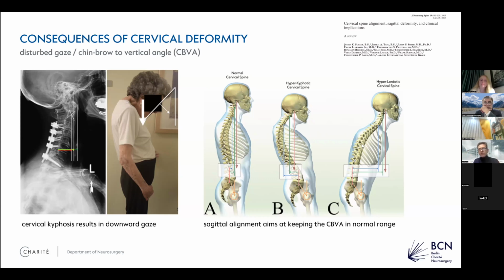And similarly, you can think of other situations where the gaze is really driving the compensatory mechanisms of the still mobile spine, and this might lead to additional problems if it remains unrecognized and untreated. So cervical deformity will result in a disturbed gaze, and this is quantified by the chin brow to vertical angle, or CBVA.